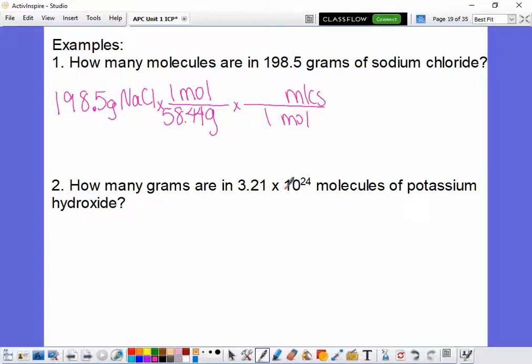How many molecules are in a mole? Avogadro's number, 6.02 times 10 to the 23rd. If you use 6.022 times 10 to the 23rd, that's perfectly acceptable. That's actually the one that's on your formula sheet. But yeah, it's on your formula sheet if you ever forget Avogadro's number, which you shouldn't because you had to memorize it when you took first year chemistry.